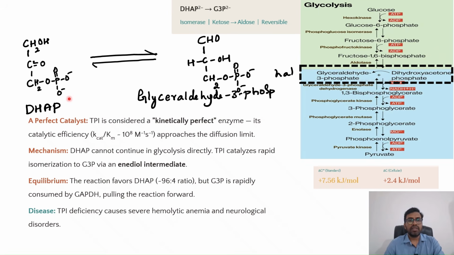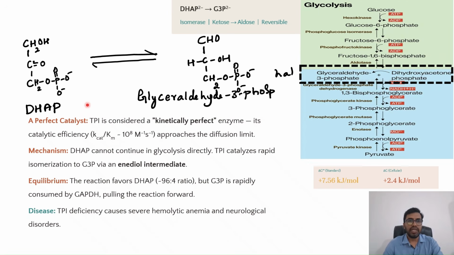Now, this dihydroxyacetone phosphate gets converted into glyceraldehyde 3-phosphate by an enzyme called triose phosphate isomerase. The delta G for this reaction is 2.4 kilojoules per mole. That means it can be easily reversible. It depends on the concentration of the products.